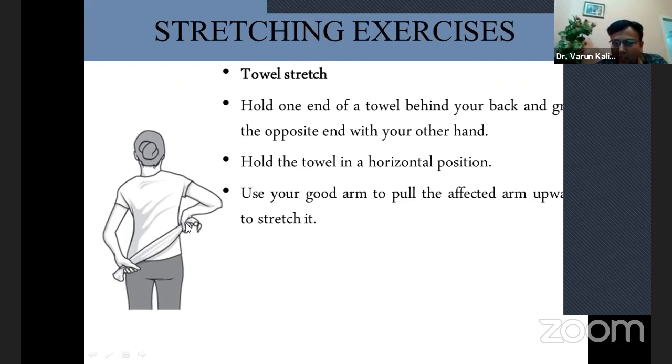The patient has to move the good arm so that the affected arm will stretch toward internal rotation. If we want to progress with this exercise, then the patient will hold this towel exactly at the shoulder level. It will progress this exercise. Do this 10 to 20 times a day.